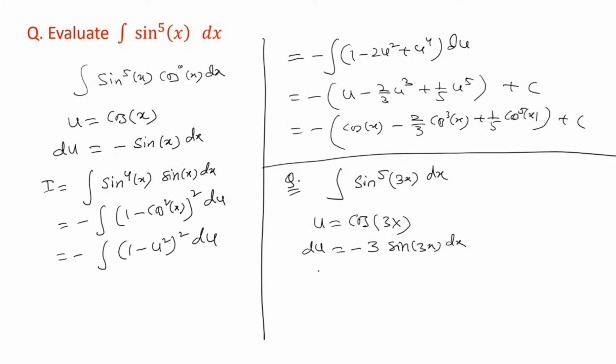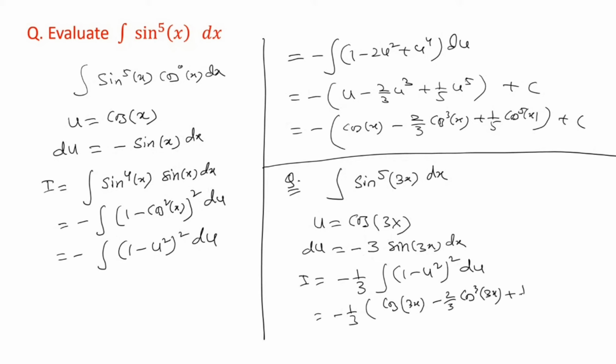So the integration reduces to minus 1 over 3 and the rest is the same, (1 minus u squared) squared du. That is the only change, and when you complete it, the solution will be minus 1 over 3 cosine 3x minus 2 over 3 cosine cubed 3x plus 1 over 5 cosine to the power 5 of 3x plus c. That's the difference.